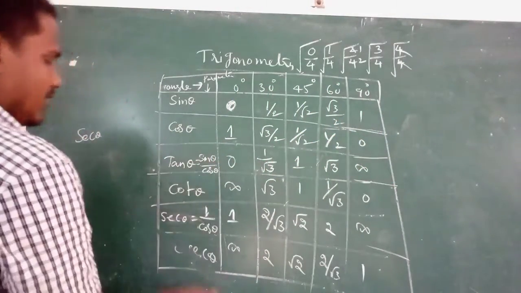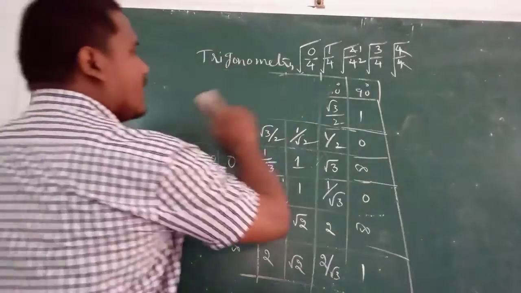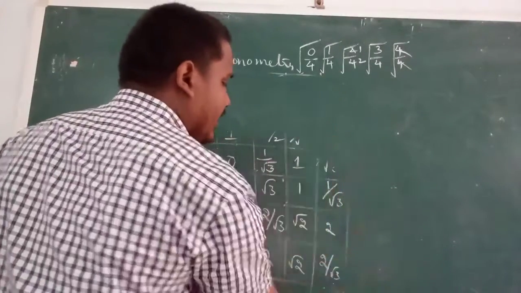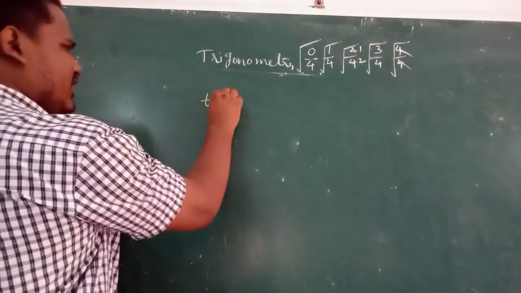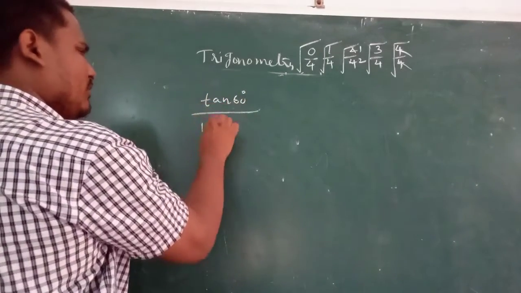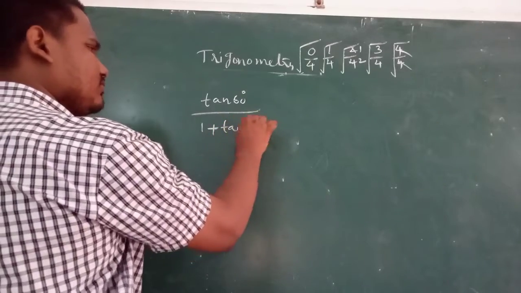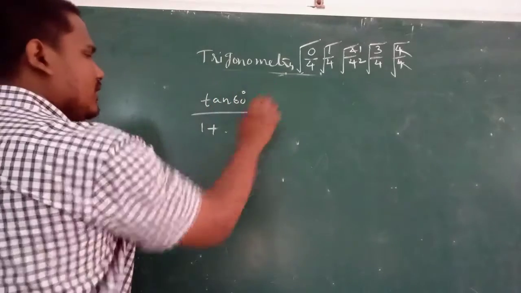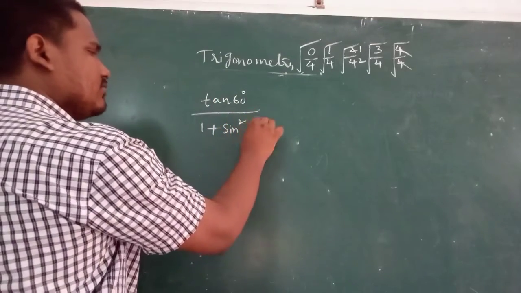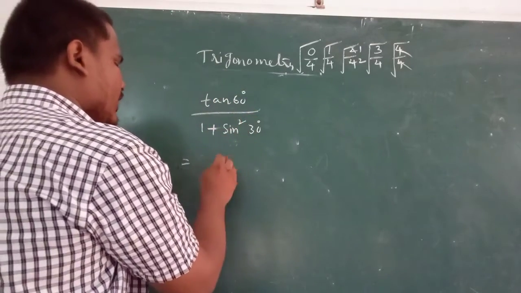Then in this type they are asking some questions like: evaluate tan 60 by 1 plus tan square 60. Evaluate tan 60 by 1 plus sine square 30. Then what is the value of tan 60?